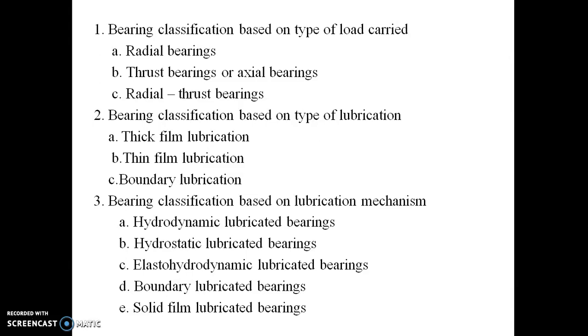This may happen because of increase in load, reduced lubricant supply, and reduced rotational speed and viscosity. Then last one is solid film lubrication. In this type, self-lubricating solid materials such as graphite are used in the bearing. This is used when the bearing is to operate at very high temperature.